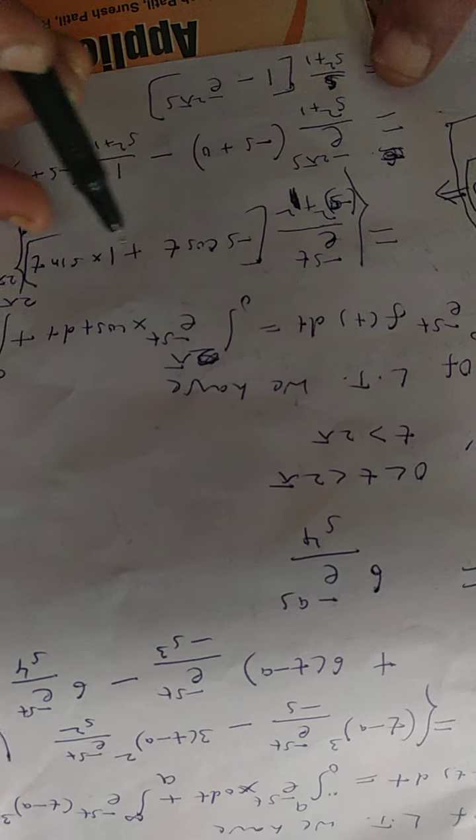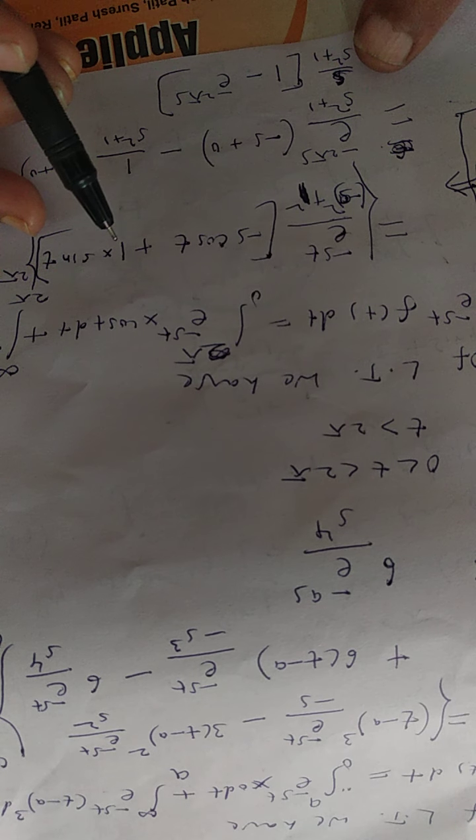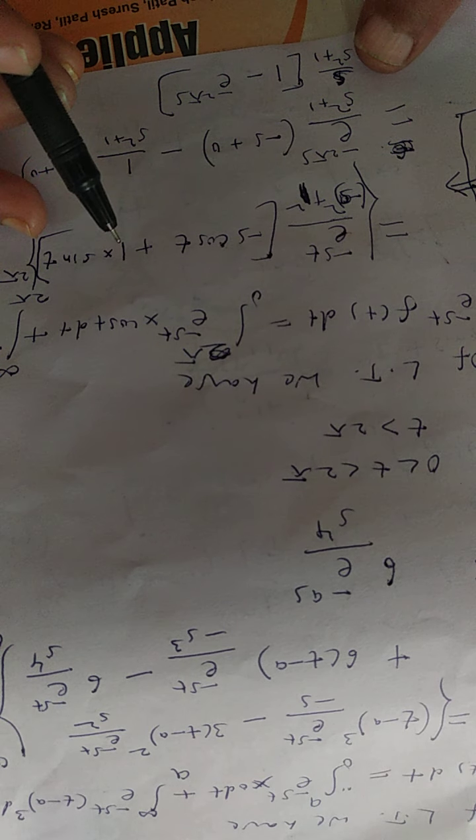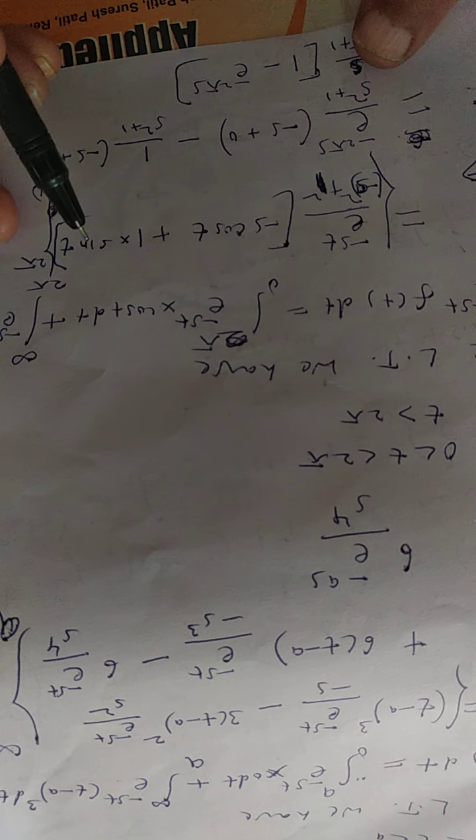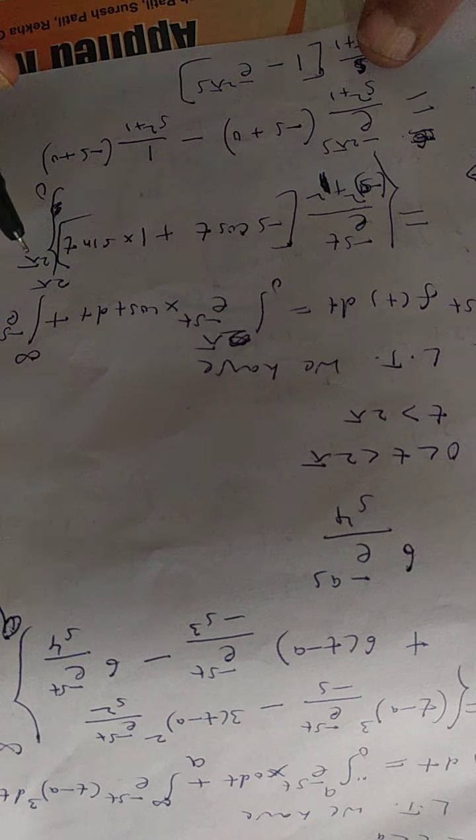So minus s cos t plus b is 1 into sin(bx plus c), that is sin t, and the limits are 0 and 2 pi.